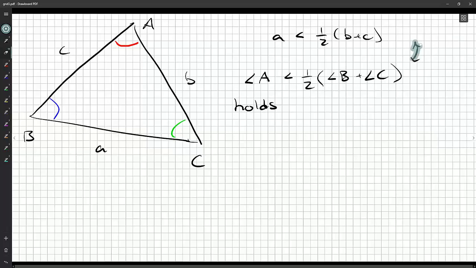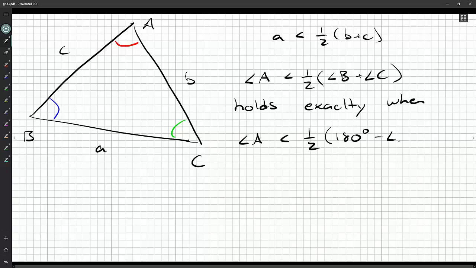Let's be clear because we're writing things up. So the thing we want to show holds exactly when angle A is less than a half. Now, angle B and angle C, they make up the rest of it. So we can replace them with 180 minus angle A. And then this turns into 3 halves. The minus a half comes over to the other side.